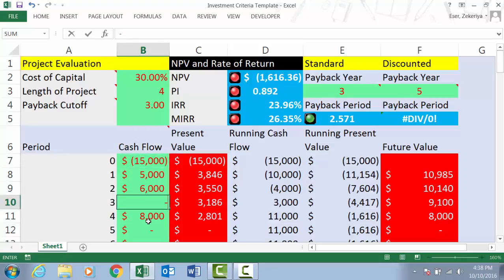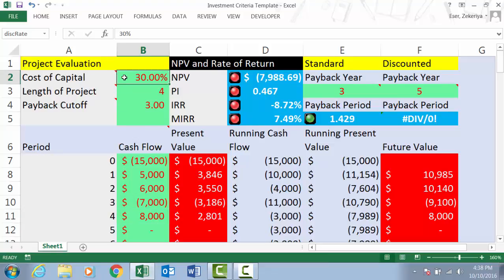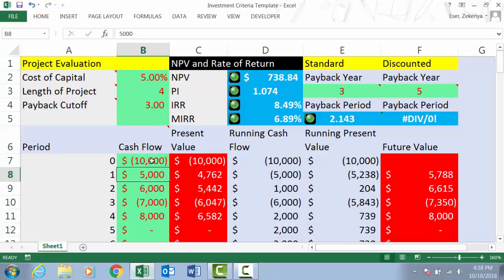Let's say one of these cash flows was negative. And let's make cost of capital a reasonable number, or 5%. IRR and modified internal rate of return definitely will be different. But this IRR doesn't mean anything, because the equation that defines IRR will have 2 solutions.